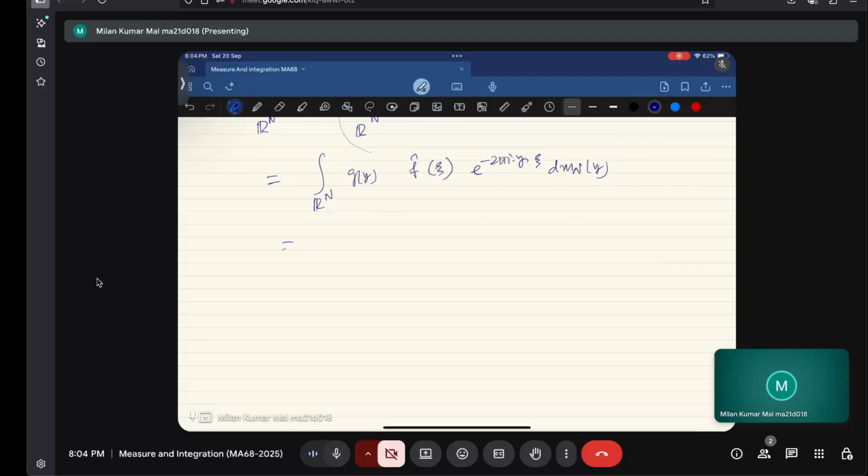So this will be equal to f hat xi dot g hat xi.